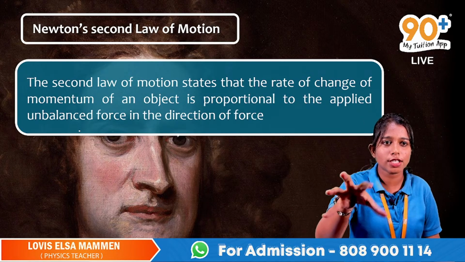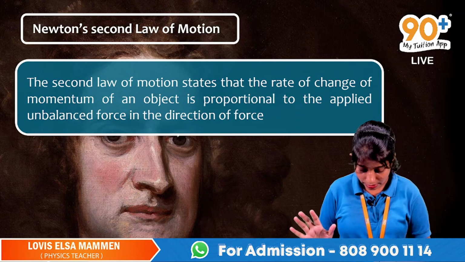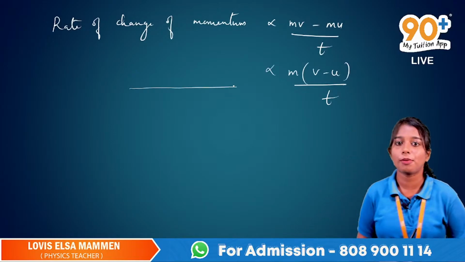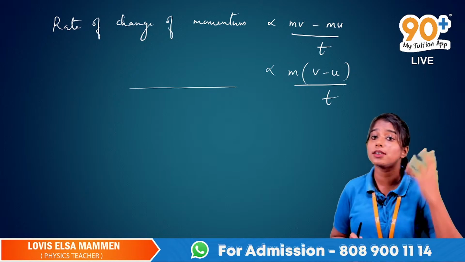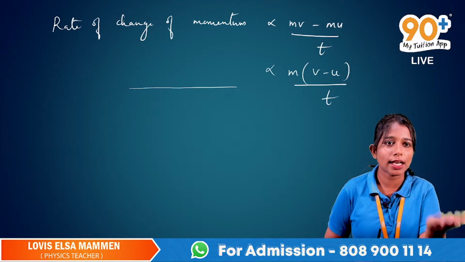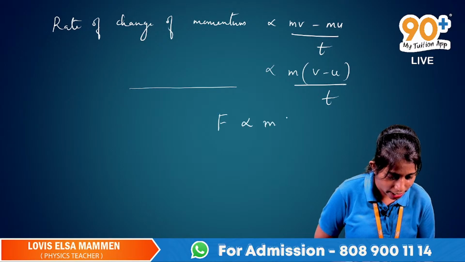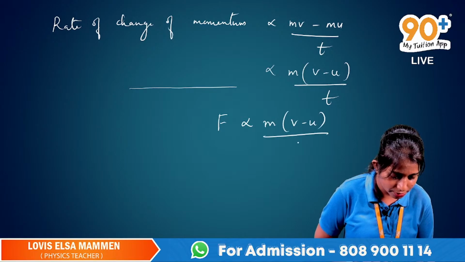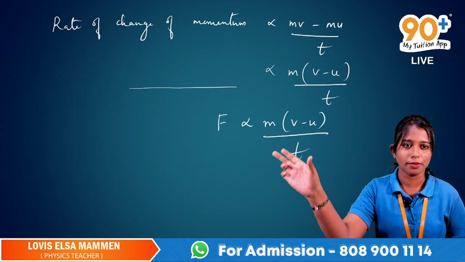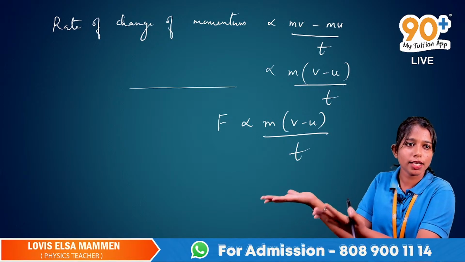We have the rate of change of momentum now. So we can say that the rate of change of momentum is proportional to force. Isn't that how the statement is written? So we can say that F is proportional to m into v minus u by t. This is the rate of change of momentum, and it is proportional to force. This is a statement.